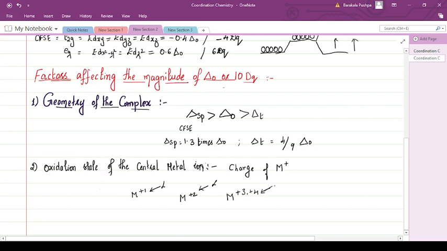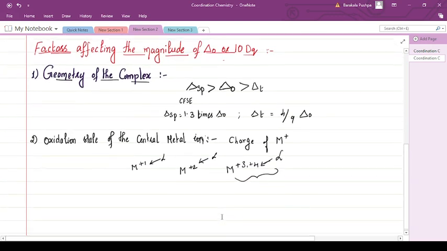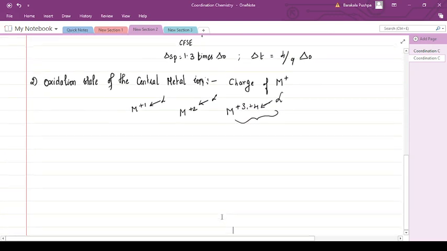The electrostatic force of attraction between the negatively charged ligands and the positively charged metal will be high. So the higher the charge of the central metal ion, the greater will be the attraction of the ligands. Hence the ligands will be drawn more closely to the central metal atom. How are these ligands drawn?